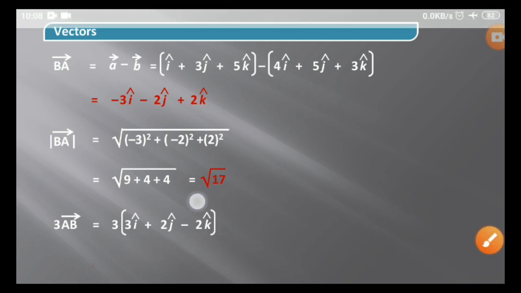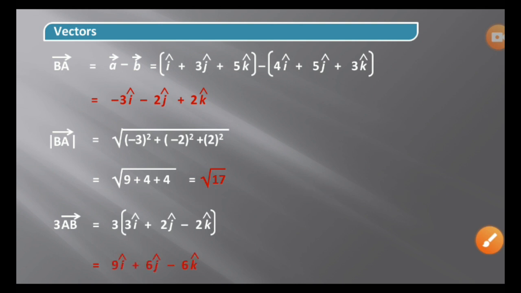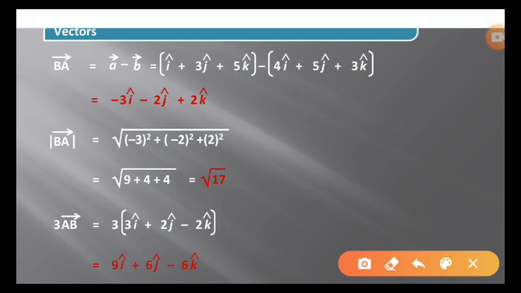Now we can multiply 3 to all these terms. 3 into 3 is 9i, 3 into 2 is plus 6j, and 3 into minus 2k becomes minus 6k. So 3 into AB vector is equal to 9i plus 6j minus 6k.